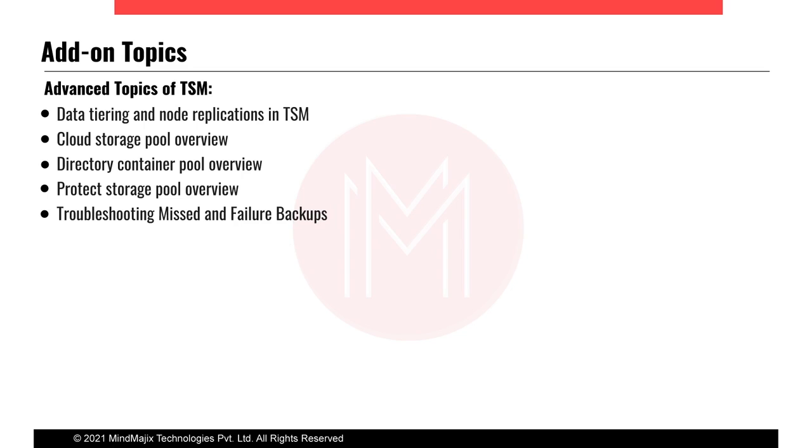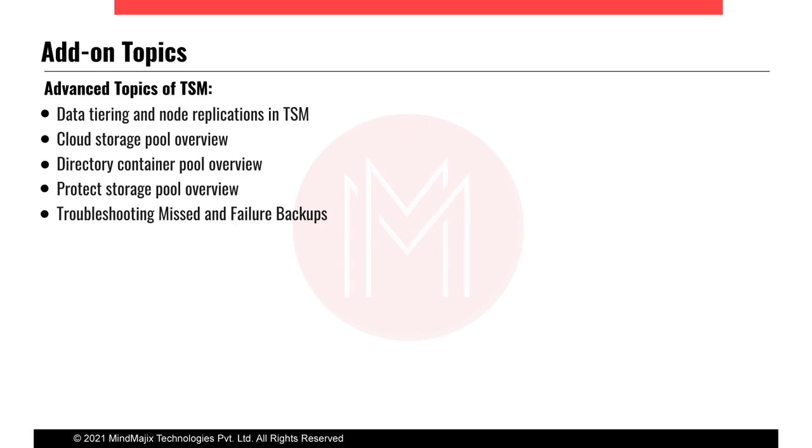But these directory storage pools run on container storage. So what is the main difference between directory container pools, which are a new addition to IBM Spectrum Protect, and the traditional pools?